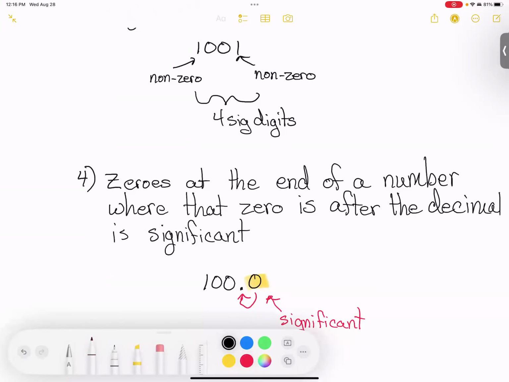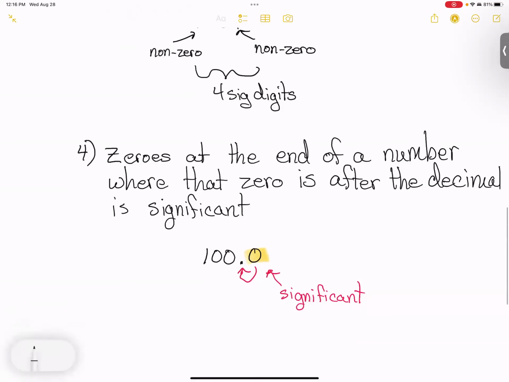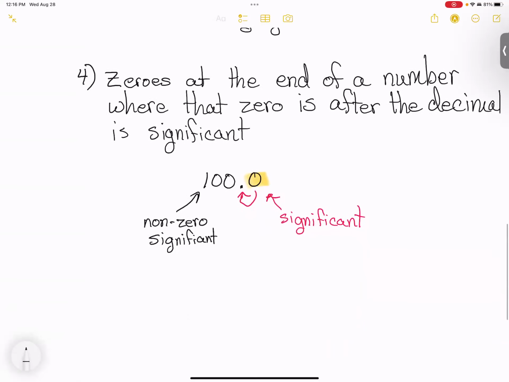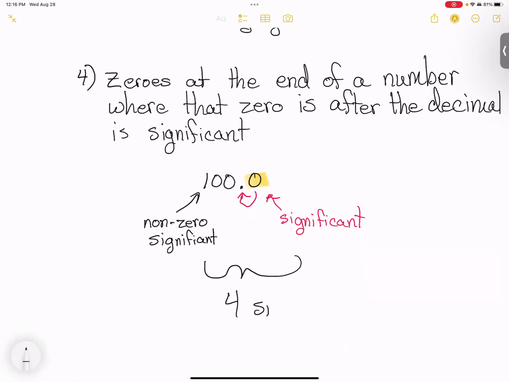The 1 is a non-zero, so it is significant. And then the 2 in the middle would be goal-posted by significant digits. So there are, again, 4 significant digits.